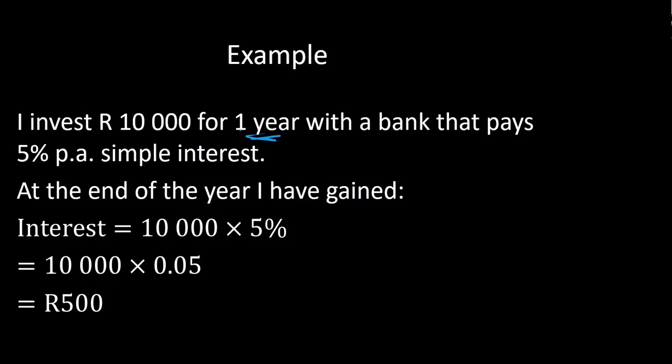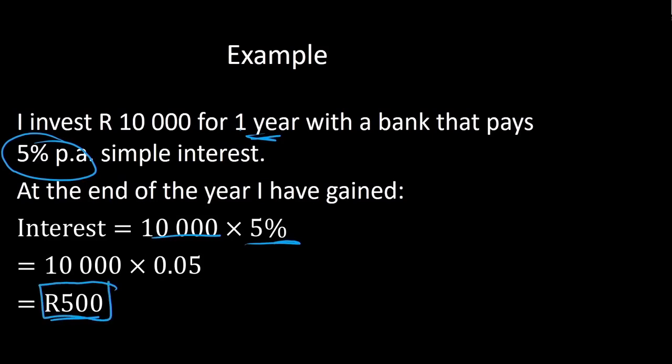Okay, so I can work out, without using any formula, how much I am going to gain. They say here I'm getting 5% in that year. So if I take the 10,000 Rand, multiplied by 5%, that gives me 500 Rand. So in that 1 year, I have earned 500 Rand.